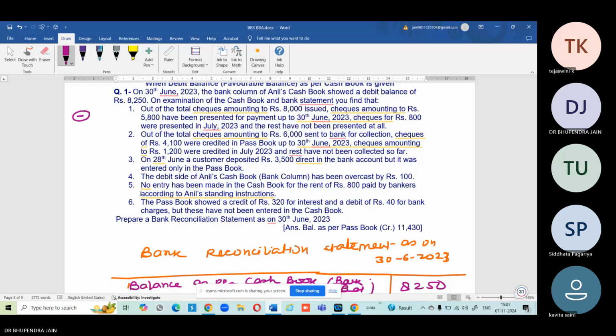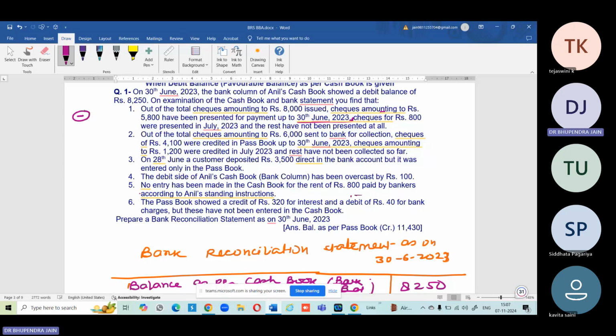But the checks amounting to rupees 5,800 have been presented for payment up to 30th June 2023, and we are preparing the bank reconciliation statement as on 30th June 2023. Out of 8,000, checks of 5,800 rupees have already been presented in the bank. So the bank has subtracted the balance by the amount of rupees 5,800.